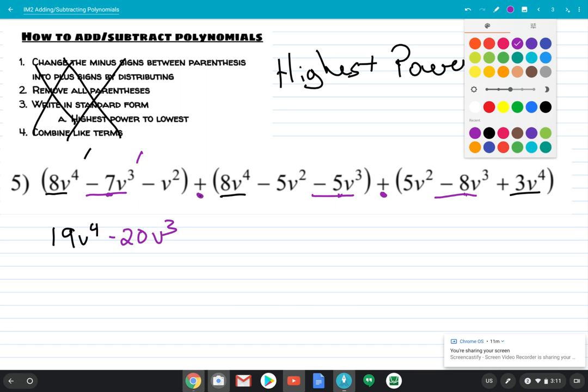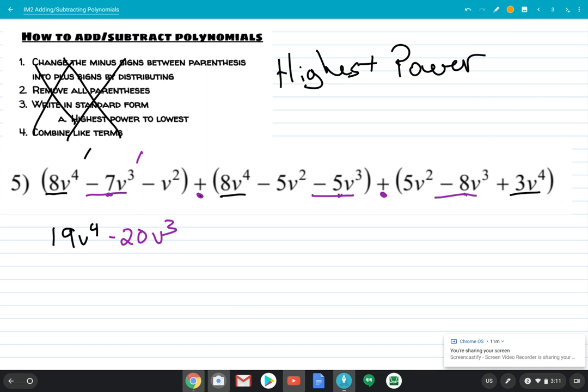And the last one, I got a v squared, that's negative 1v squared, plus negative 5, negative 1 and a negative 5 makes negative 6, plus 5, negative 1, v squared. Everything has been accounted for. Everything's been used. I'm done.